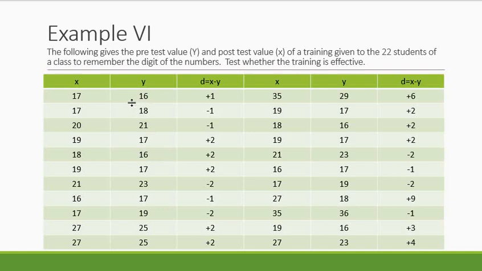So we find, as usual, the difference: 17 minus 16 equal to plus 1, for every one of the 22 observations, and count the positive signs. First one, second one, third one, fourth, fifth, sixth, 7, 8, 9, 10, 11, 12, 13.